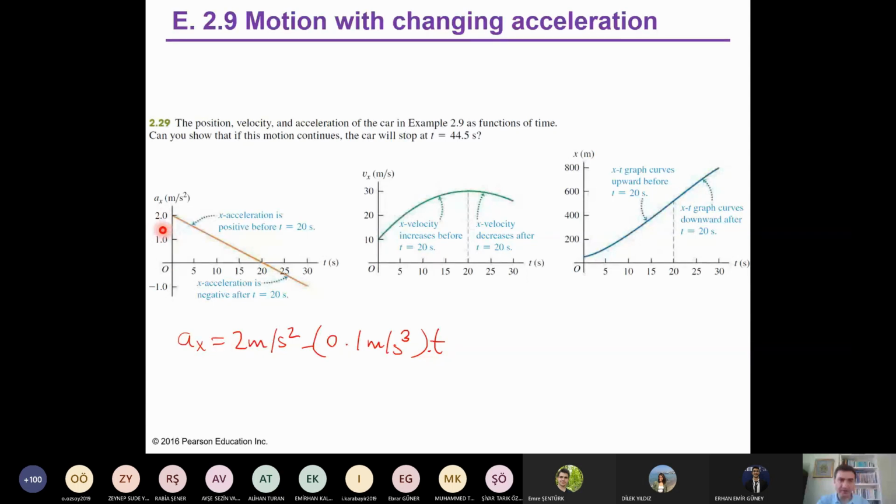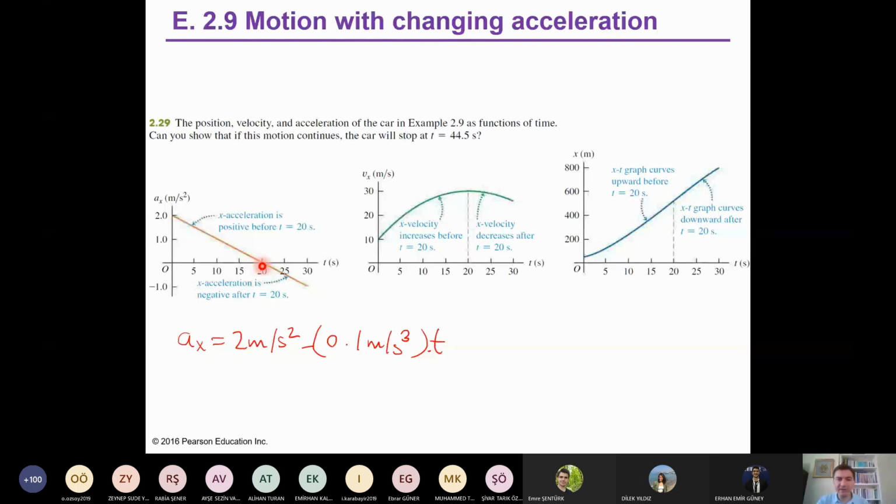So here we have 1 meter per square second after a certain time, because acceleration is decreasing with time due to the negative term on the right side. And finally, when the time is 20 seconds, this second term will be equal to the first term, and then acceleration will be 0 here.